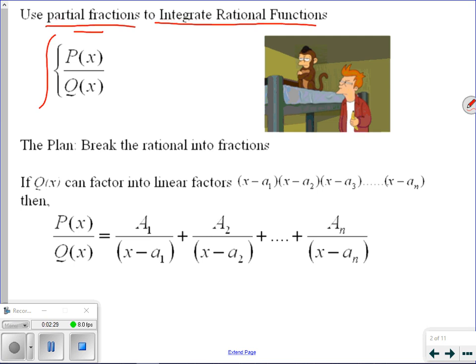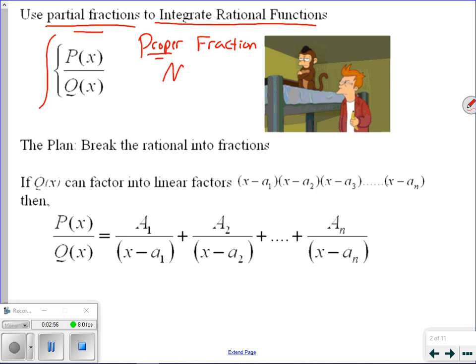Now, there are 2 types of fractions you can run across, in 2 different situations we need to look at. The first one, the main one we look at, is when we have a proper fraction. When I think of the word proper, I think of the way it should be. It's the proper way. A proper fraction is where the denominator is bigger than the numerator, so it's like an actual fraction.